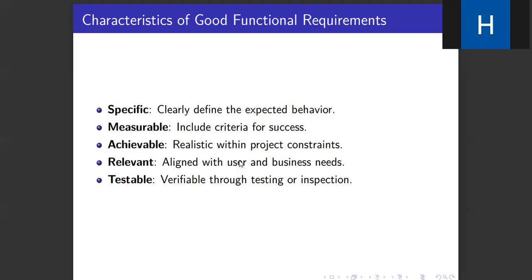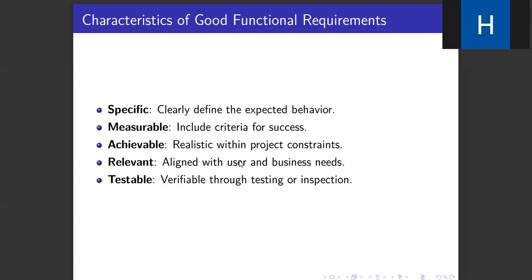The third one is achievable. We have to specifically mention a realistic scenario within project constraints. Now I give a very simple example: we want to develop a website or a web application for a small bakery. It's a very small bakery. Their target is just a very small range and a very small set of people.